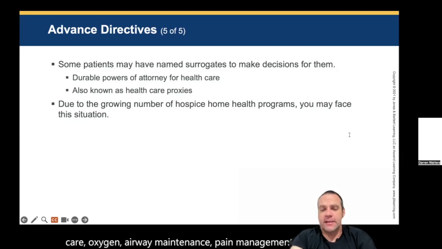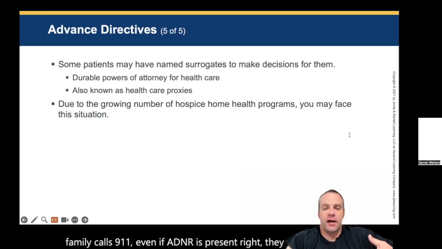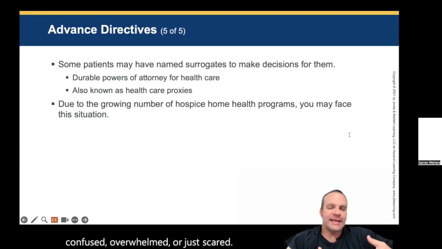And finally, never show frustration if a family calls 911, even if a DNR is present. They may just be confused, overwhelmed, or scared. Respect their emotions and handle the scene with compassion and professionalism.